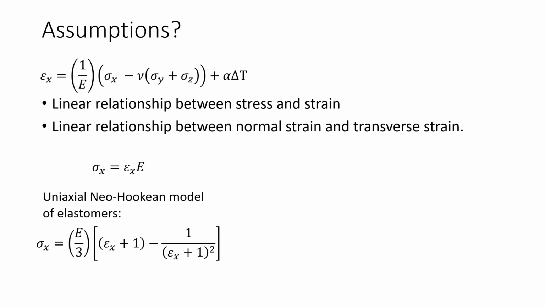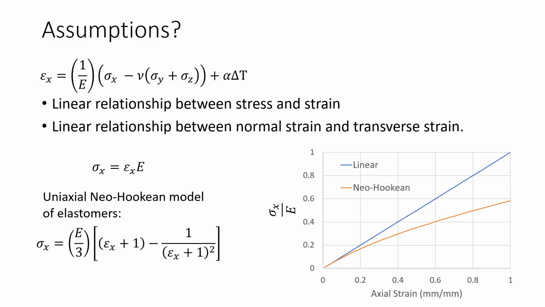For elastomers in particular, the stress-strain equation at large strains can be approximated by something called the neo-Hookean model, which looks like this for uniaxial deformation. You can check that when the strain is very small, the neo-Hookean model can be approximated as a linear relationship.